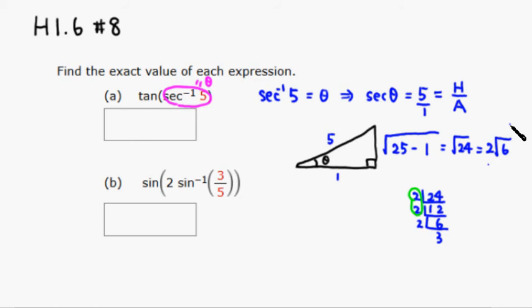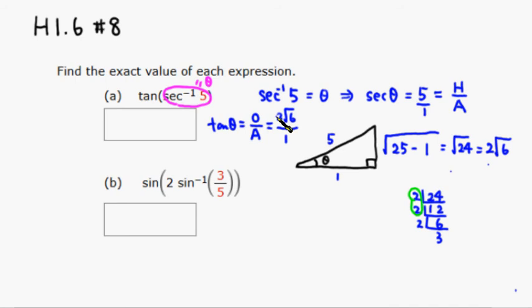Then we're looking for the tangent of theta here. So tangent of theta, by definition, is opposite over adjacent. We just found that the opposite is 2 square root of 6, divided by the adjacent, which is actually 1.